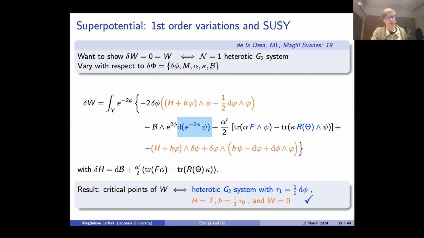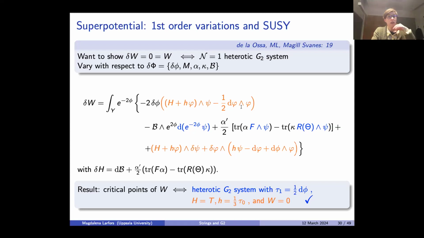So here we have the condition that phi is covariantly co-closed. Here we have the D2 instanton conditions for the bundles. So these are our supersymmetry constraints. Then these terms which are orange here do not look as nice, but they include H, so the flux, and the torsion here through this d phi, and also the dilaton.